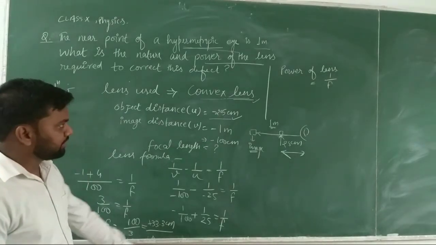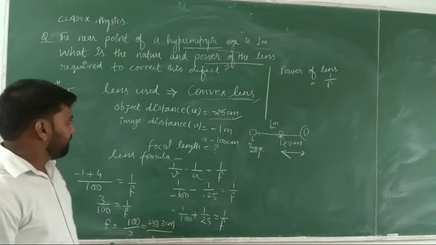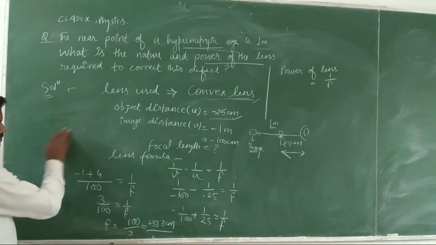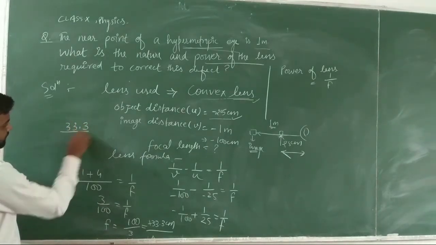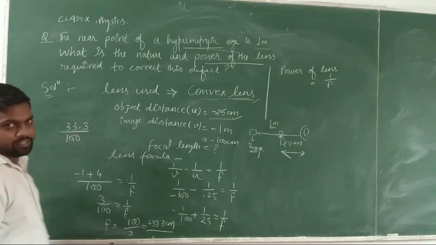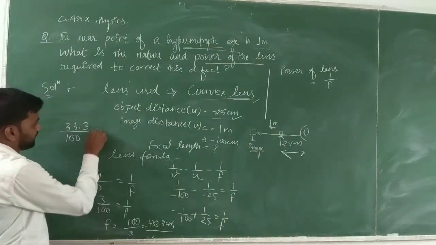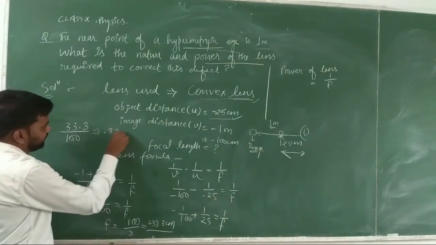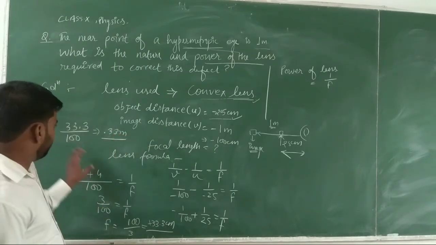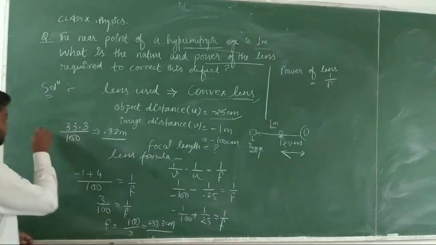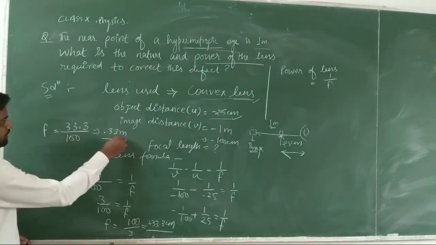We can calculate it in meter also. Okay, so if we try to convert it in meter, we will divide it by 100. Okay, it will be like 0.33 meter. Okay, now the value of focal length in meter is 0.33 meter.